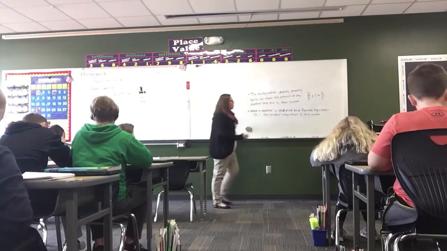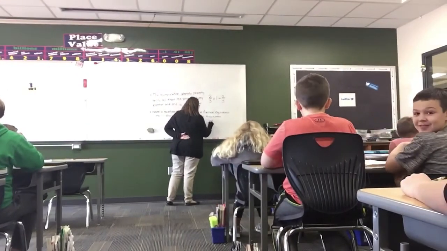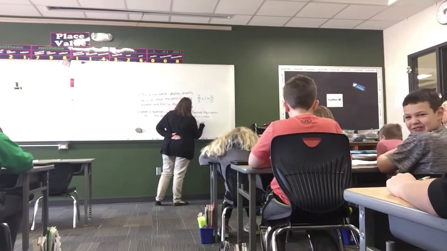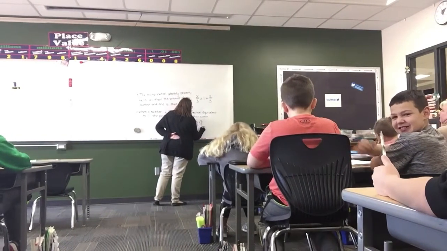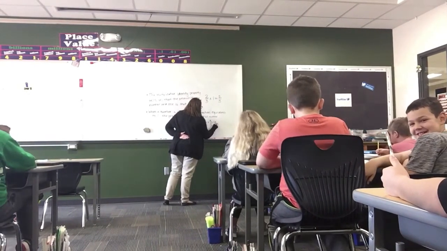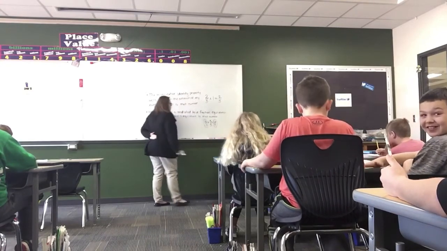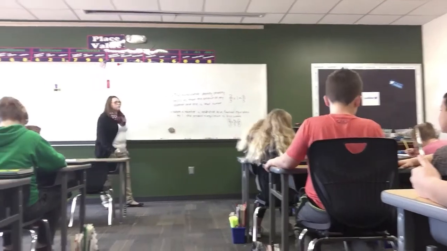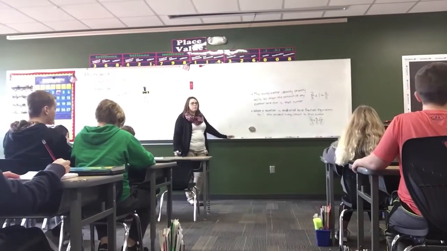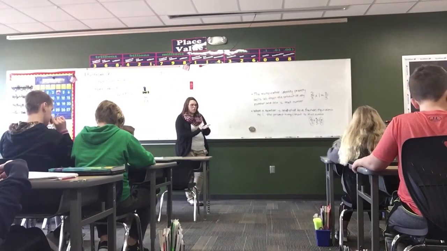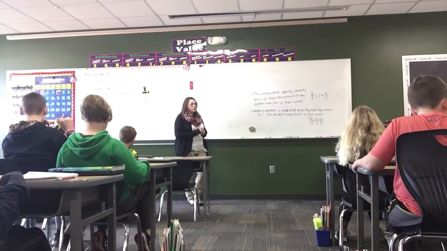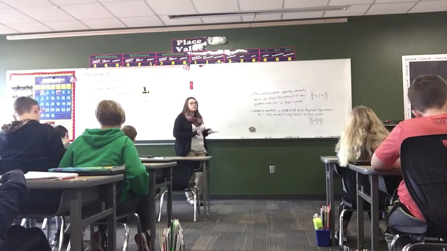Okay, so 2/3 times 3/3 is 6/9. So 6/9 is equivalent to 2/3 because 3/3 is the same as 1. And that's like the list of ones that we went over.